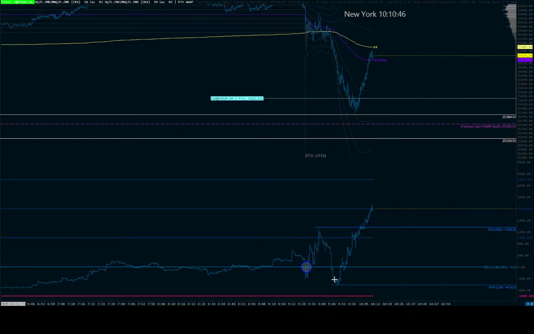The negative delta didn't even get down to this 1K level. So the sellers that were in the market didn't have that much conviction, because they started to let off the gas, right? And then you have nothing but overwhelming buying that comes in and goes back positive, delta neutral.